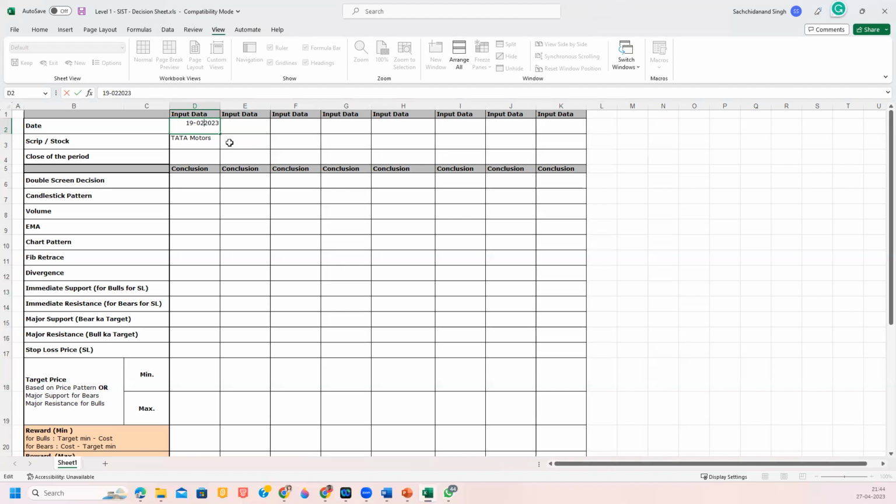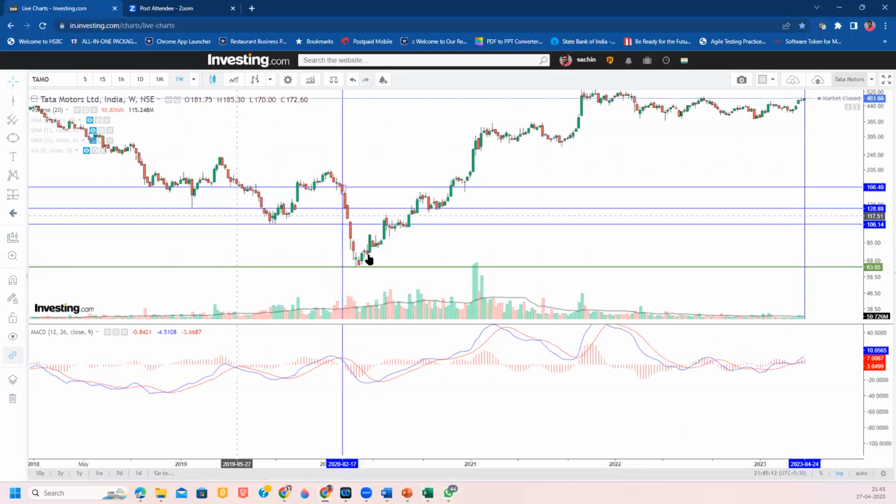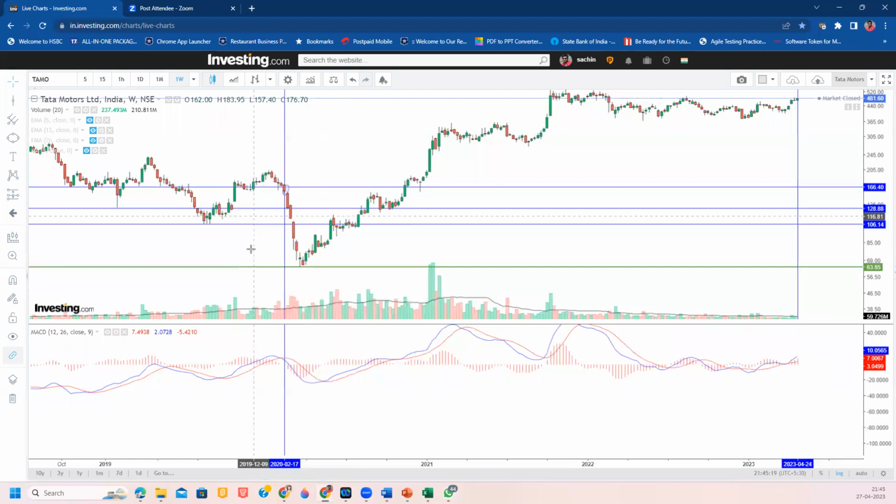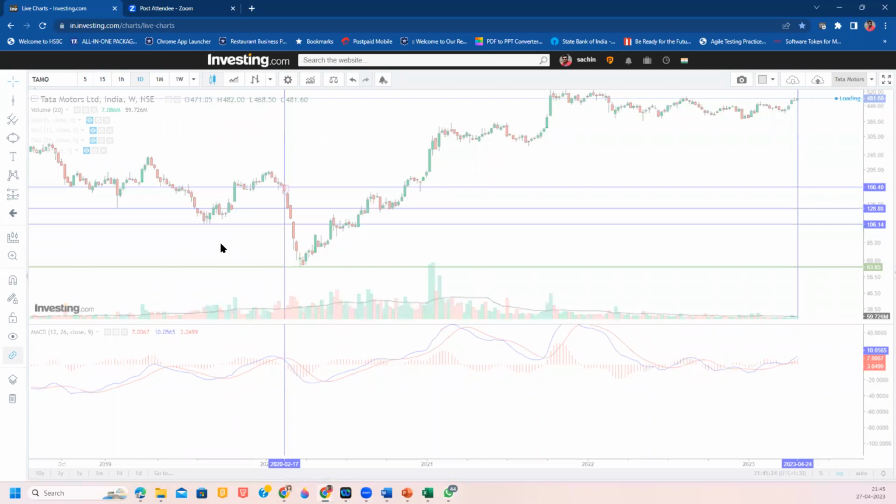So this is the time frame. Maybe we are doing the trading in the daily time frame, for example.